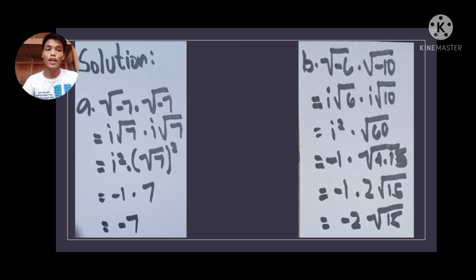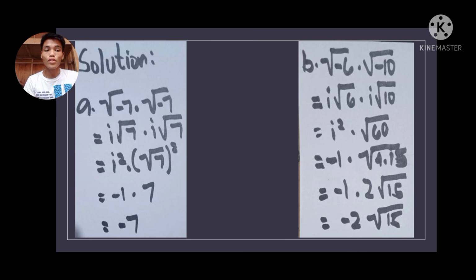And in situation B, the square root of negative 6 times the square root of negative 10 is equal to i square root of 6 times i square root of 10. 6 times 10 is equal to 60.